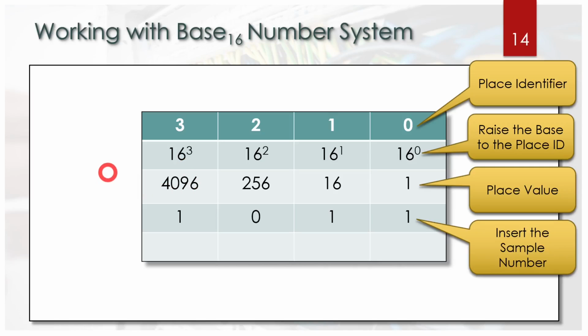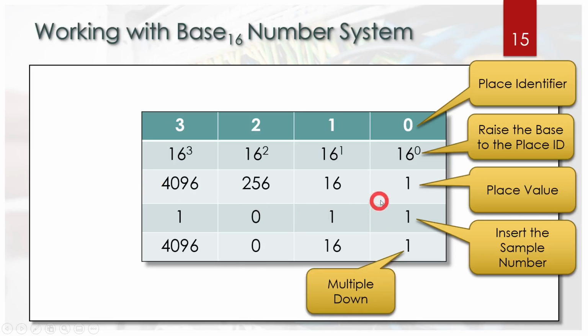We're going to use that same sample number we've used for the other base presentations, and we're going to multiply down wherever we have quantities. So 1 times 1 is 1, 16 times 1 is 16, 256, we have a 0 at that position, so it nullifies that quantity, and then 4096 times 1 is 4096.